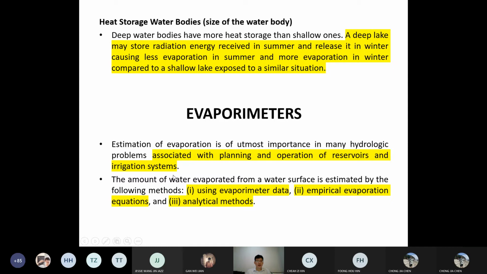The amount of water evaporated from the water surface is estimated by the following methods: you can use the measurement data, empirical evaporation equations, which are equations obtained through experiment, and the analytical method.